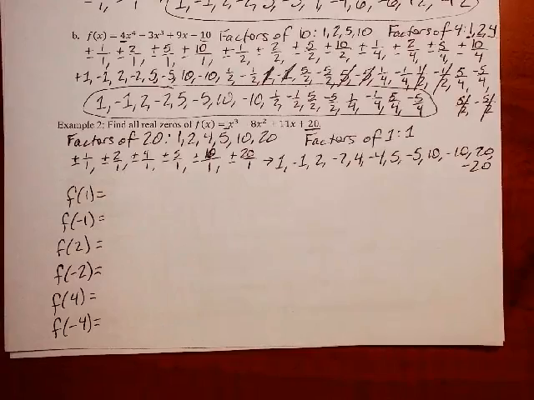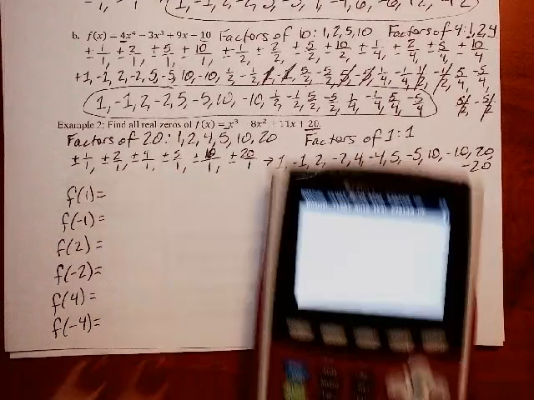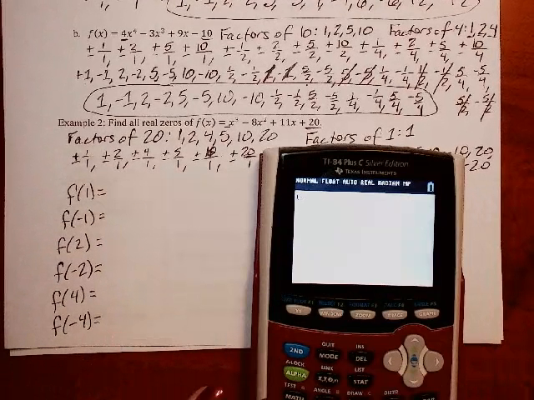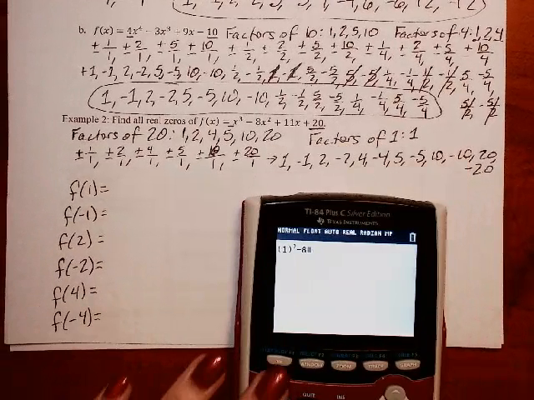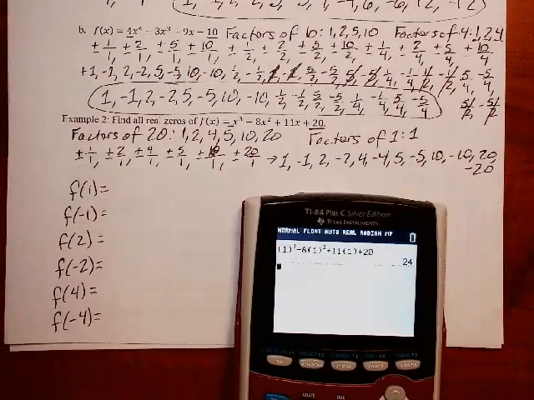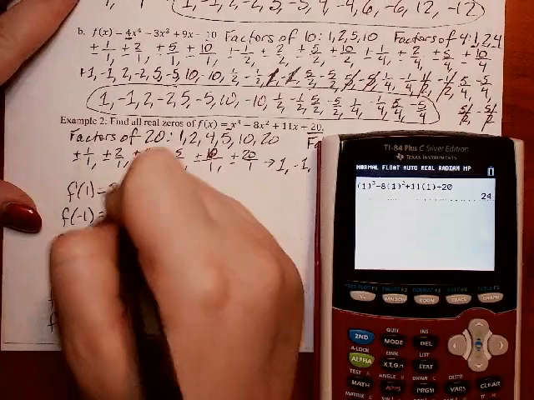Plus 20 is 24. So to make this go a little bit easier, I'm going to type it into my calculator. Minus 8 times 1 squared plus 11 times 1 plus 20. So I get 24 for that one.